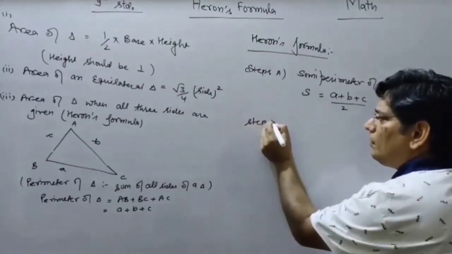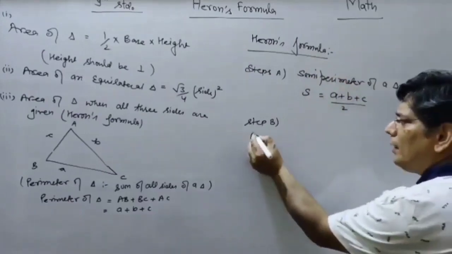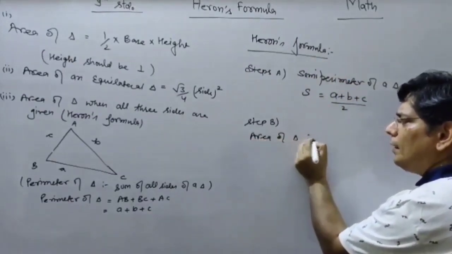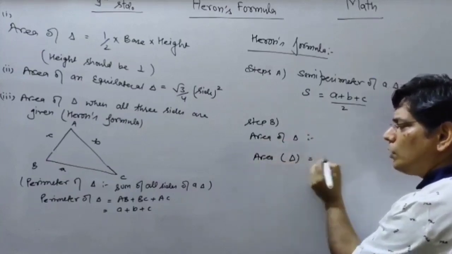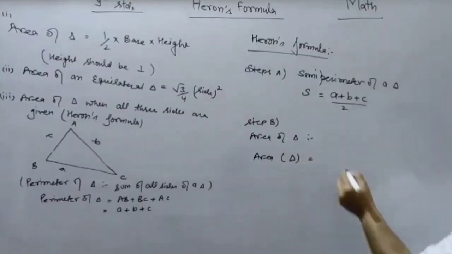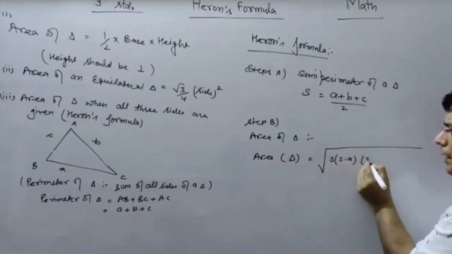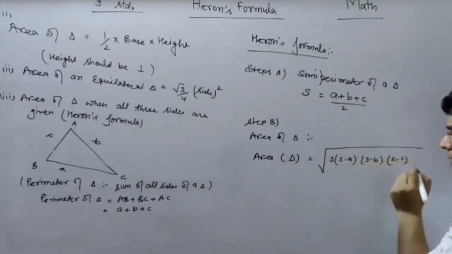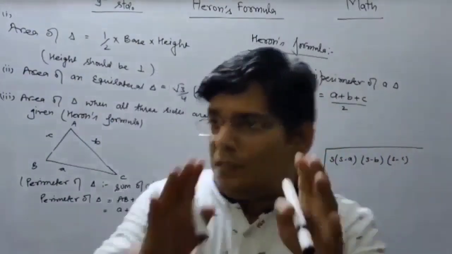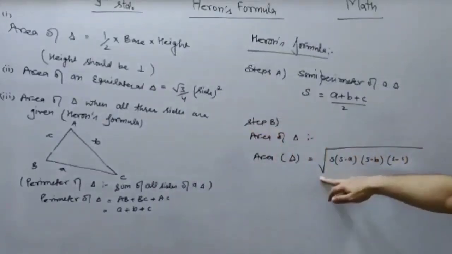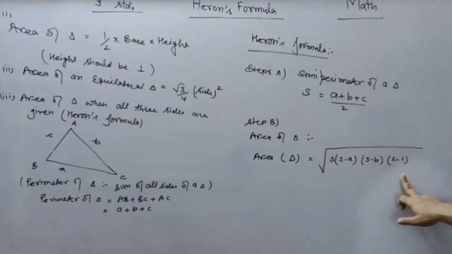Now step two: when you get the semi-perimeter, then the area of the triangle, or delta, is the square root of S into S minus a, S minus b and S minus c. That means we have to use this specific formula, the square root of S into S minus a, S minus b and S minus c.